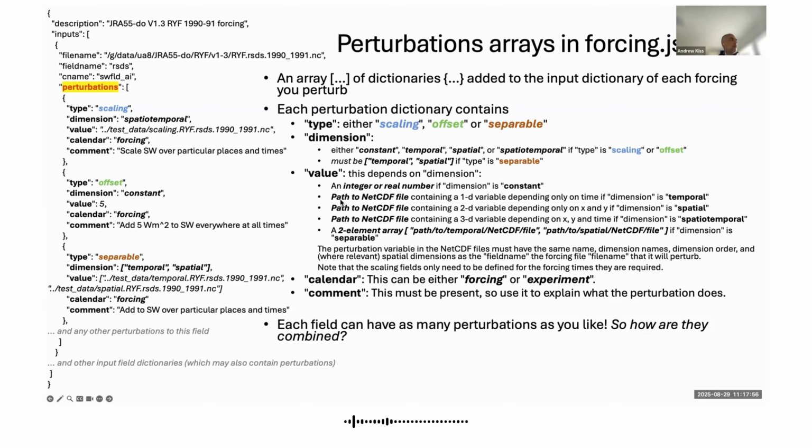That's the value field, and this is where all the work really is, because this is where you need to set up perturbation files. You can do that in any way you like, and it's very flexible because you can have an arbitrary 1D, 2D, or 3D array going in there as your perturbation, whatever you want.